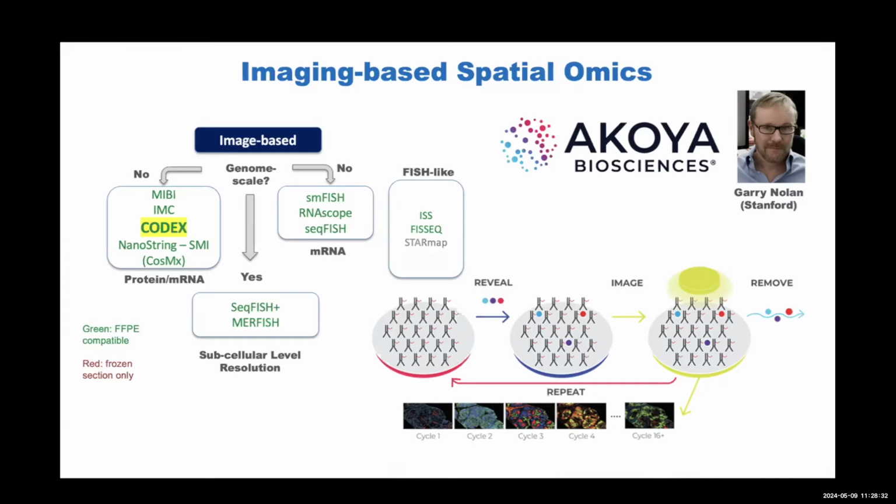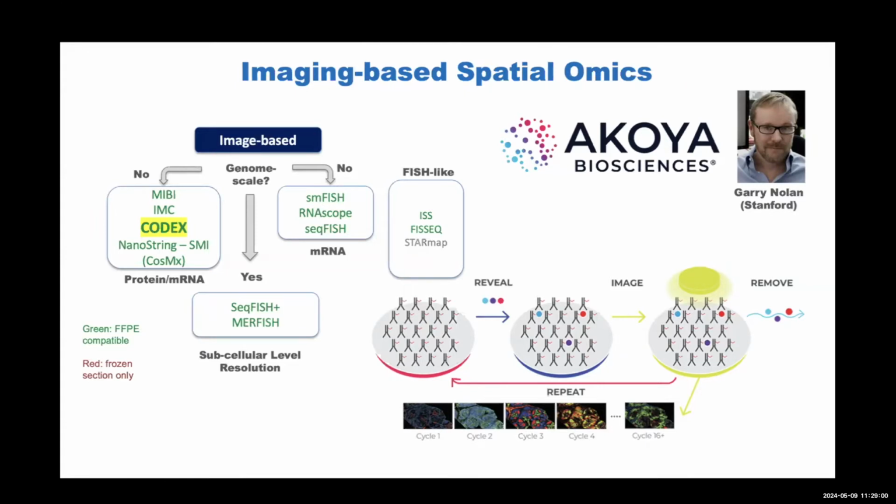So a single imaging cycle cannot give you extremely high plex, but you can do repeated imaging and removal of the fluorophore, and over many cycles you can get, as demonstrated by Akoya Biosciences, up to 101 protein markers. If you're interested, there's a paper published in Nature Biotechnology last year that set the world record in terms of multiplex immunofluorescence imaging.